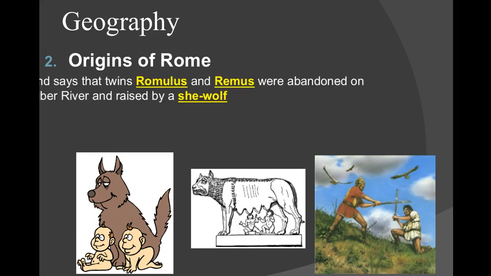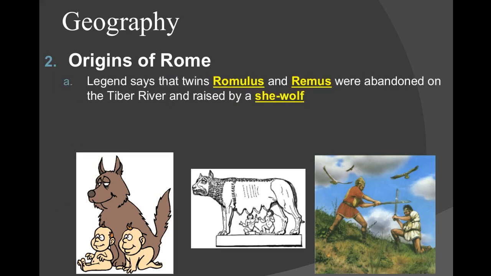Okay, the name of Rome traces back to a myth, and the myth told a story about Romulus and Remus, who were twins, twin brothers. Supposedly, they were abandoned on the Tiber River on the Italian peninsula and raised by a wolf. Eventually, those boys built a city inside the 7 hills that surrounded the Tiber River.